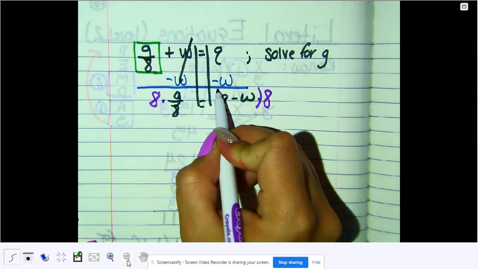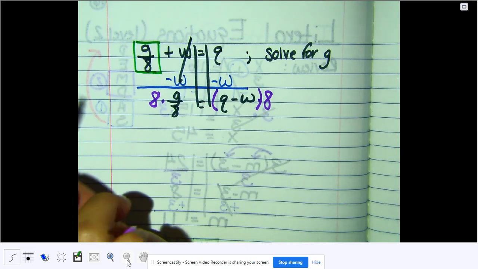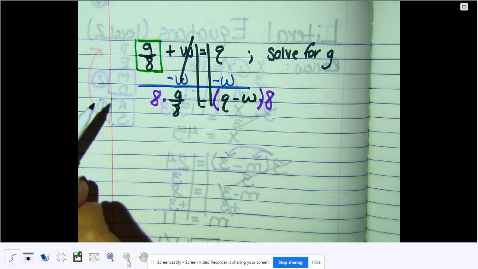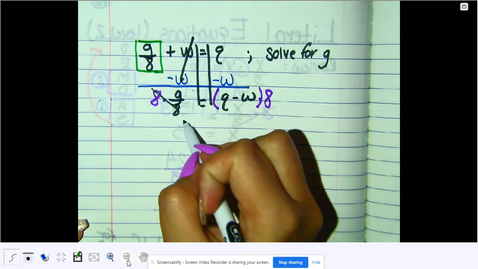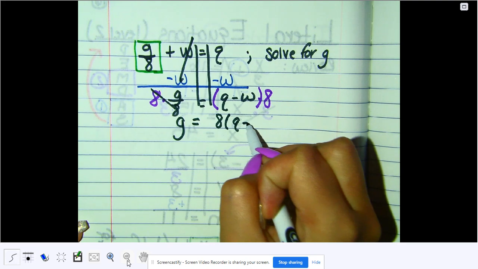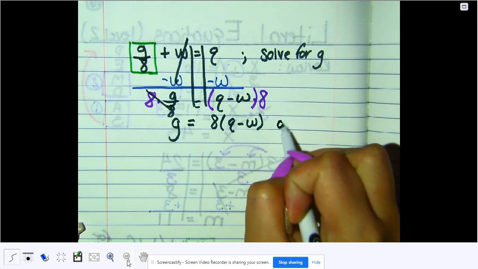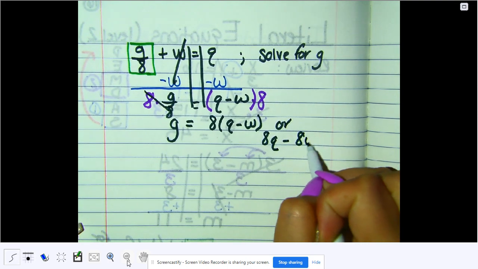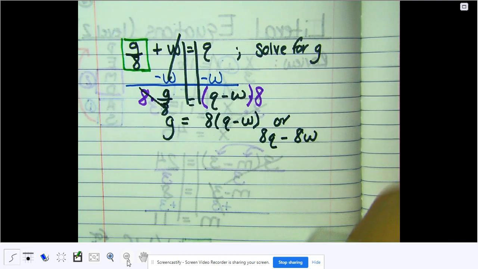And keep in mind that you're multiplying by that entire subtraction expression, Q minus W. 8 divided by 8 cancels, so you are left with G is equal to, you can write it as 8 times Q minus W, or 8Q minus 8W. Those are equivalent expressions.